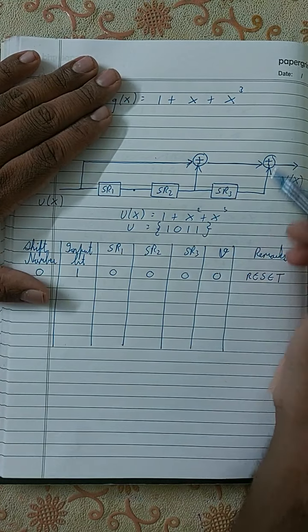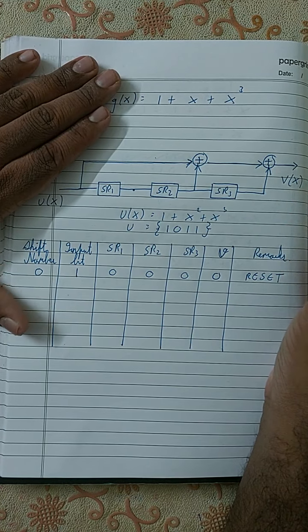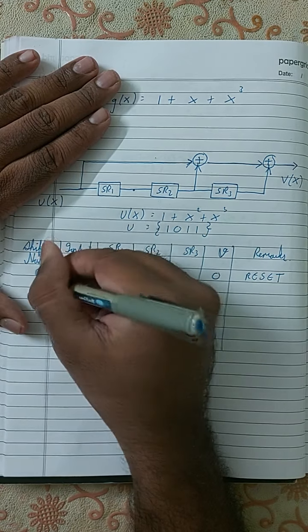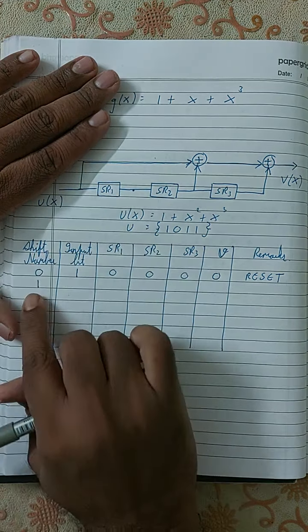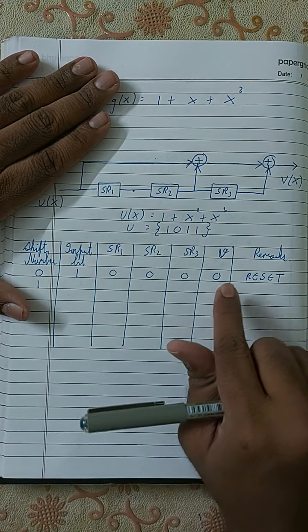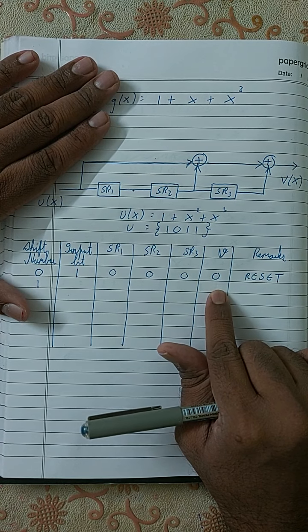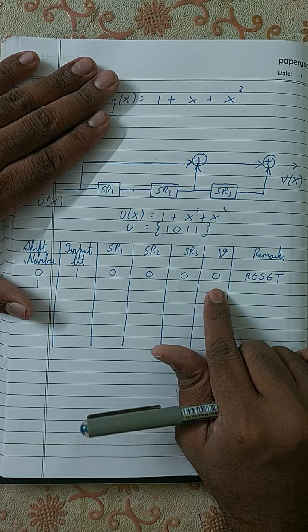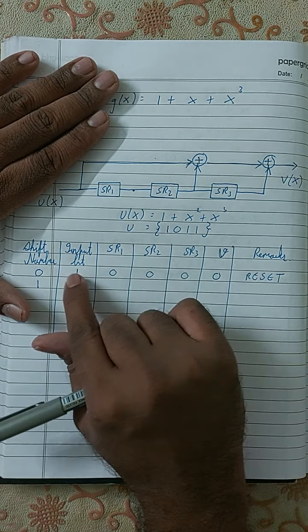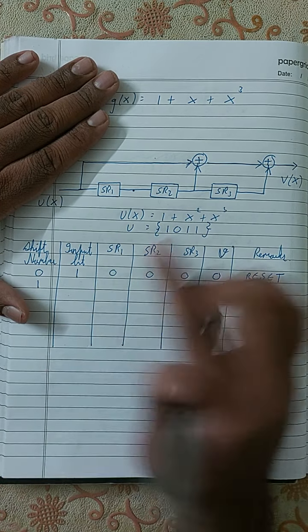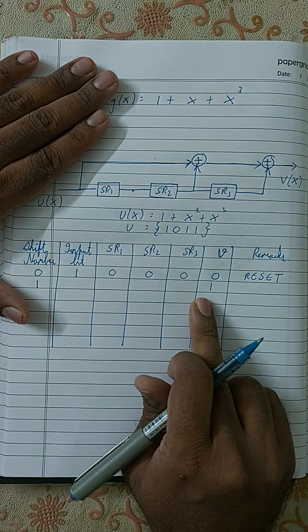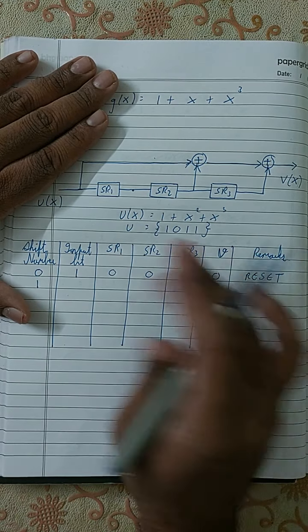So in the first shift cycle, first I will calculate the output. What will be the output? SR3 plus SR2 plus input bit: 0 plus 0 plus 1 is 1. Then everything will be shifted.